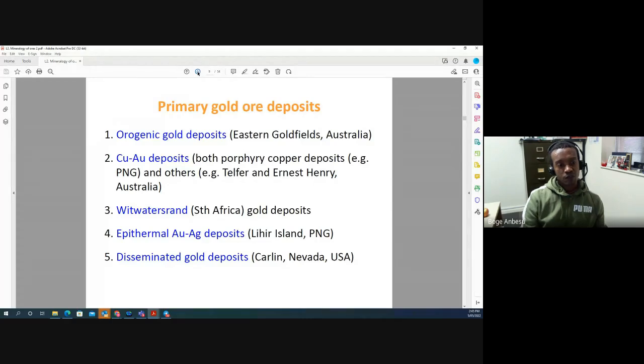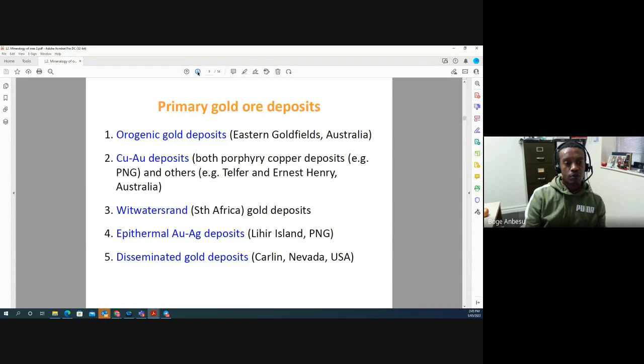Because they are very low grade and very high tonnage, usually the plants in those types of deposits are also very large to be able to handle a large tonnage. But the good thing about this type of deposit is that you can recover both the gold and copper, and therefore they have very reasonable economic returns.